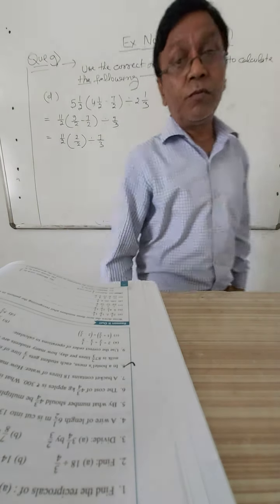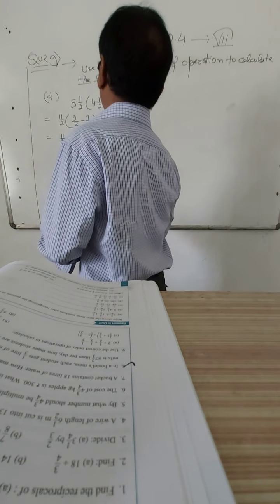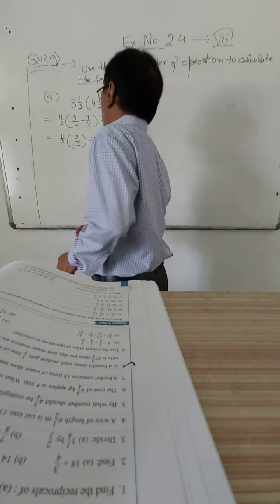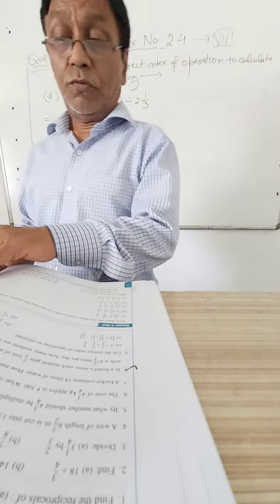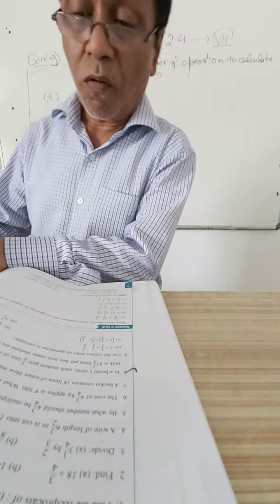Now remove the bracket. 11 by 2 into 3 by 7.